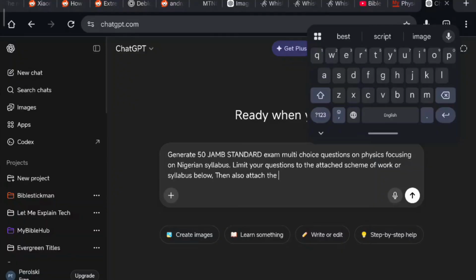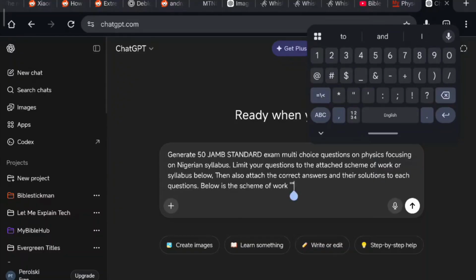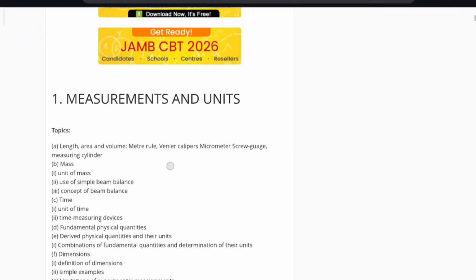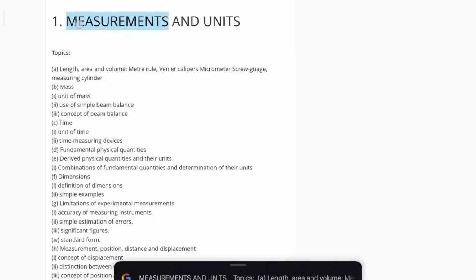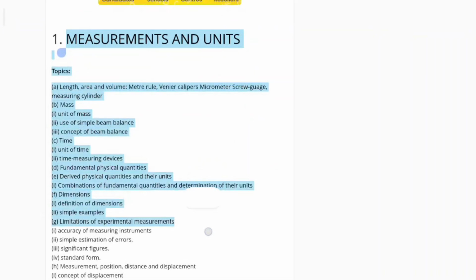I can also instruct it to attach the correct answer to each question, even with the solution, as you can see. You will now head over to the scheme of work; we are using measurement and units. So under measurement and units, I'll hold, I'll tap, then I'll copy, then I'll paste.